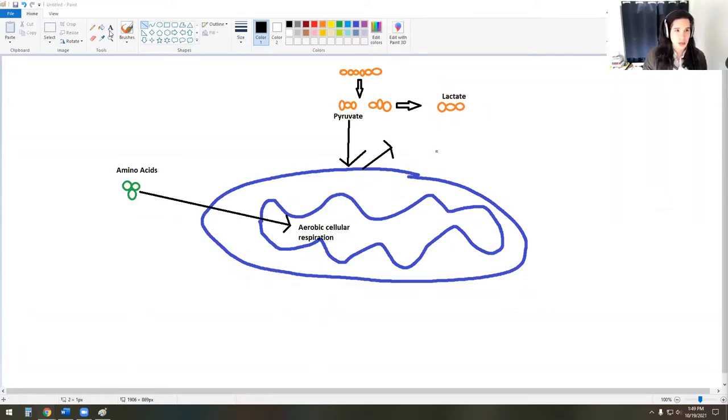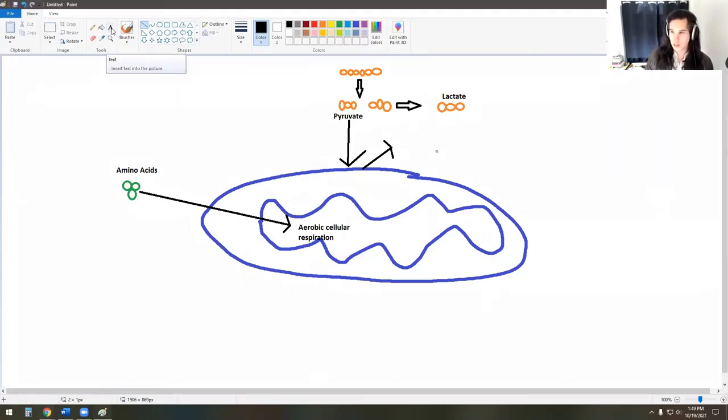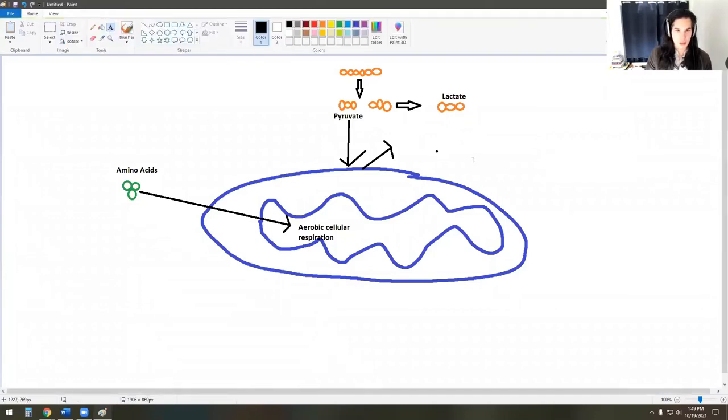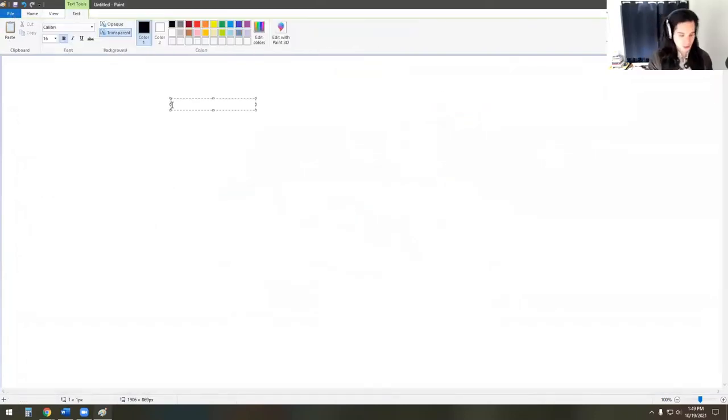But anyways, what is oxidized during cell respiration? Do we know? Glucose. I'm going to write it out.